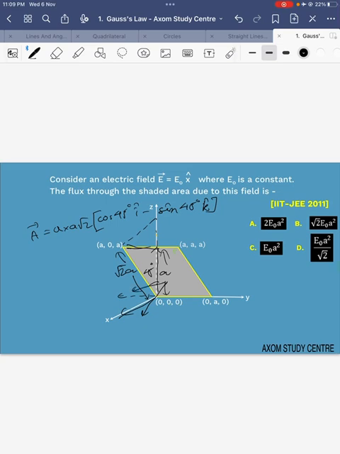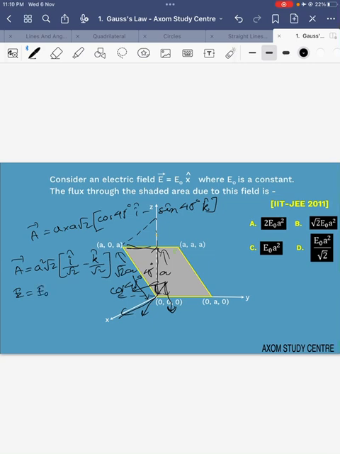If you split the component, you will get cos theta and sin theta. So the area would be a square root 2 times i cap by root 2, since cos 45 is 1 by root 2, minus k cap by root 2. So you got the area.